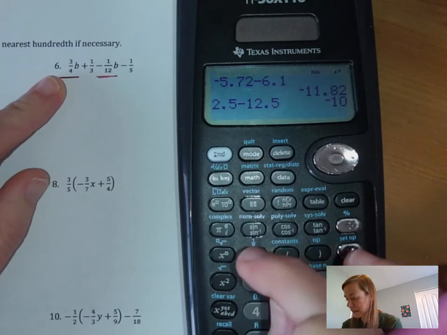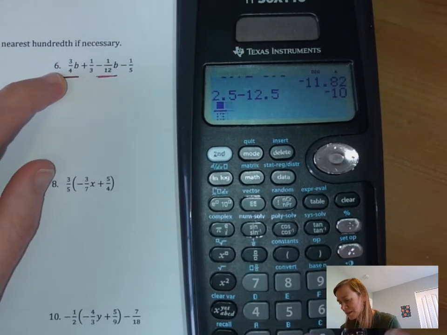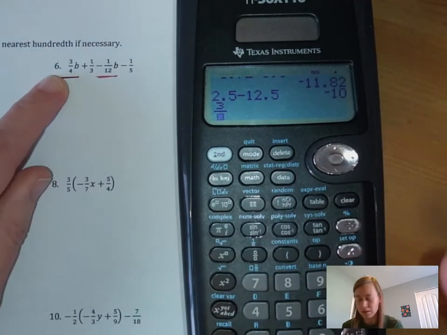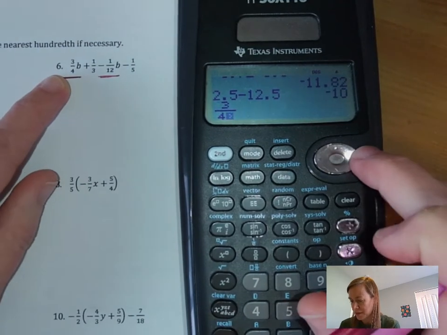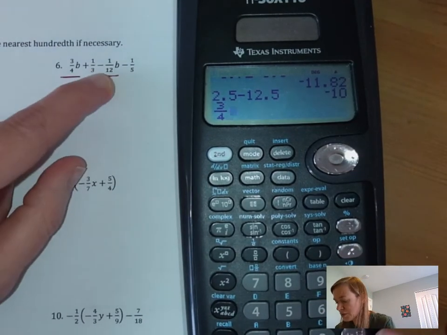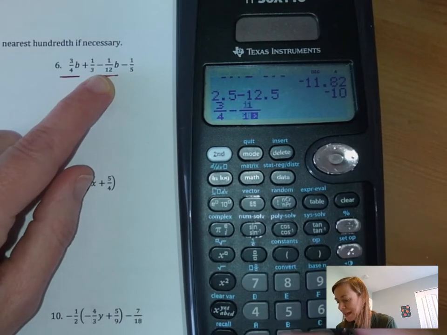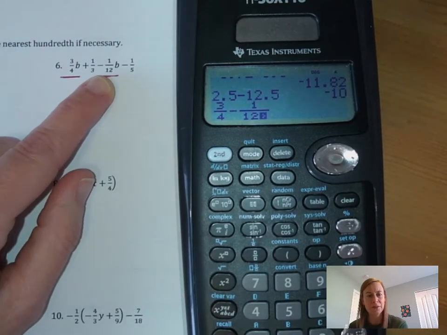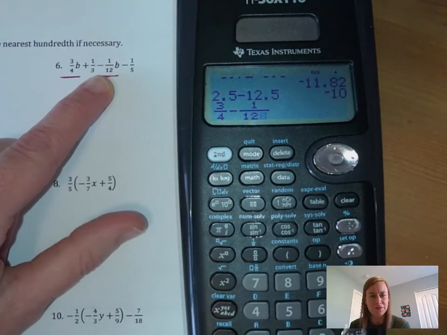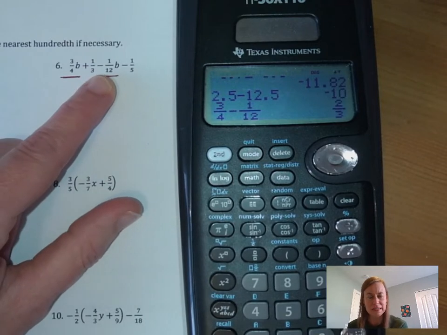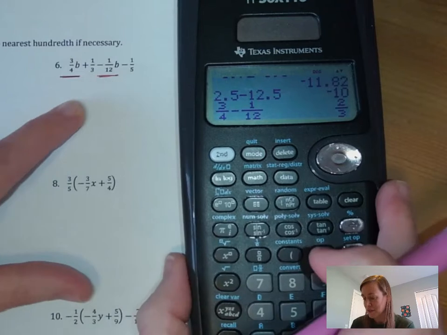If you don't have a calculator that handles fractions well, feel free to use that fraction calculator that I gave you a link to. So we're doing 3/4, that was a positive number, and now we're going to do minus 1/12. Again, don't try to put the b in your calculator. Just keep that in your head for later when we start writing it down. So 3/4 minus 1/12 gives us 2/3.